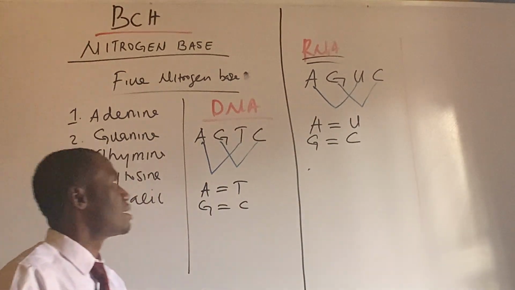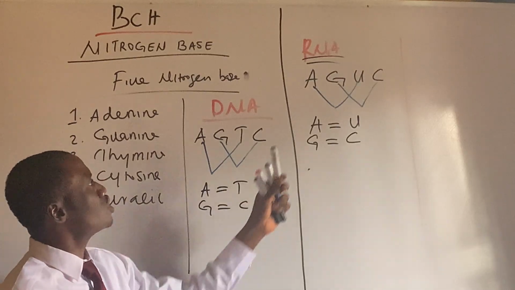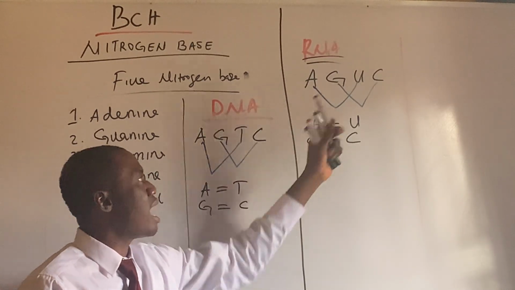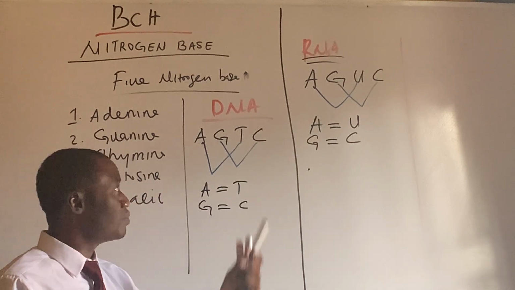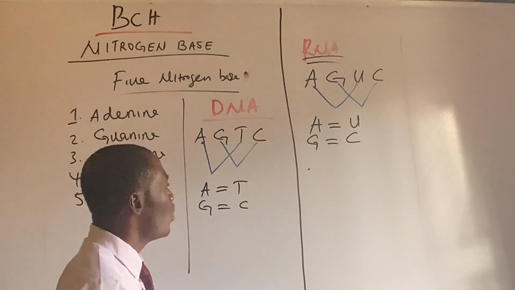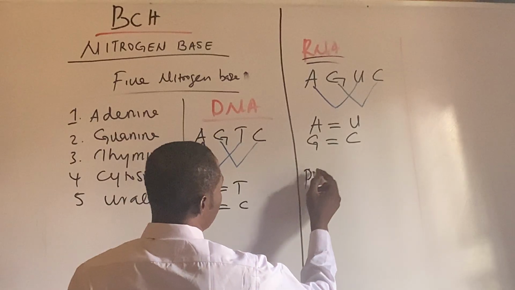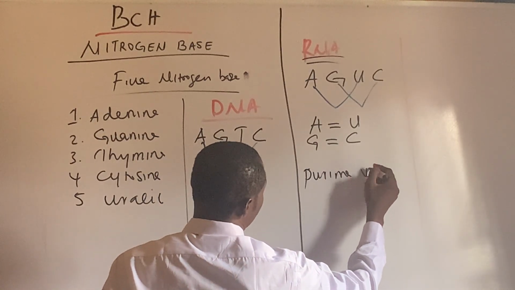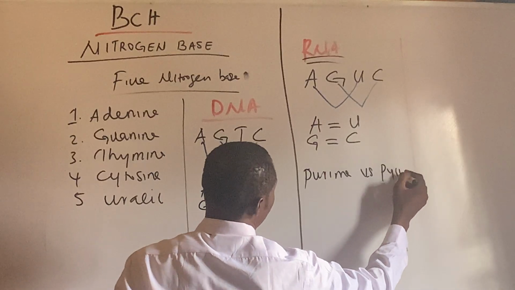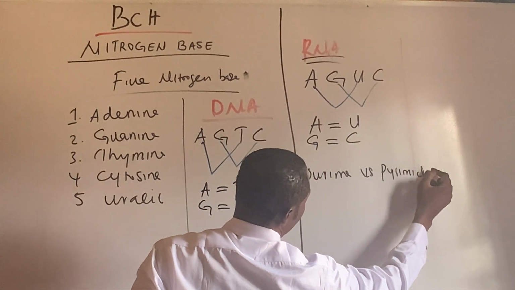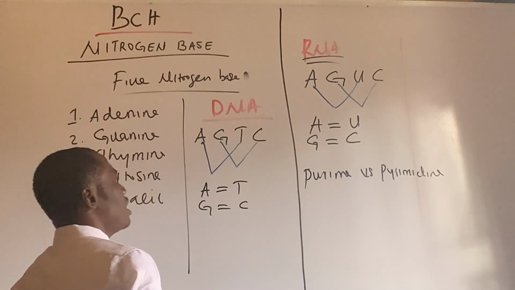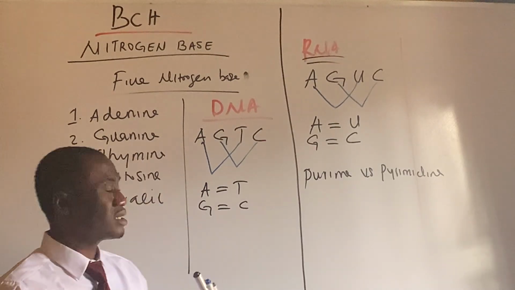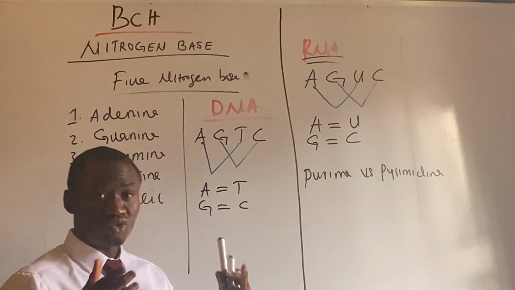Up next, we need to know the structure of adenine, guanine, uracil, thymine and cytosine. Before we know that, we need to talk about the purine and the pyrimidine. What are the purines? Purines are these nitrogen bases that have a larger double structure.